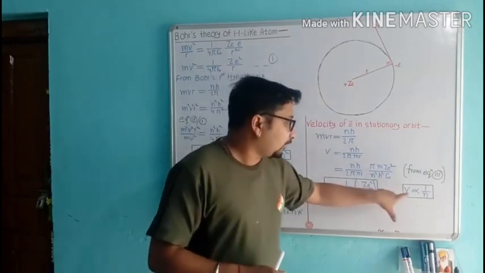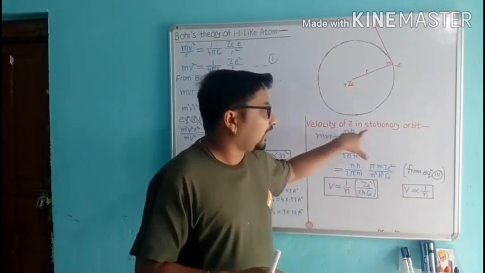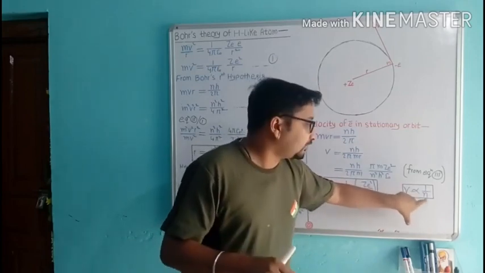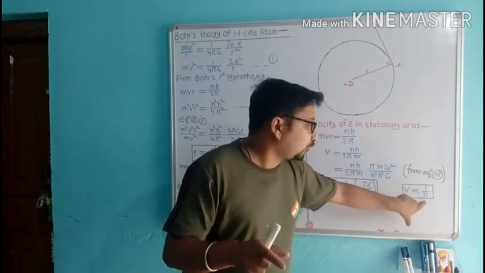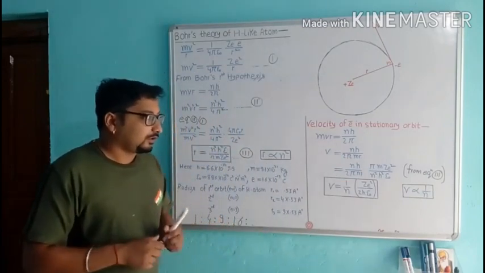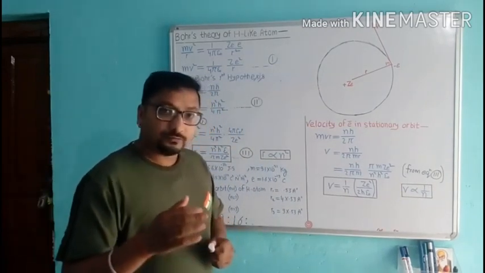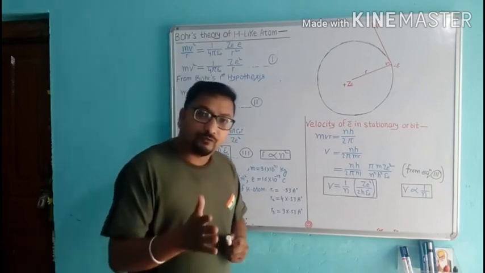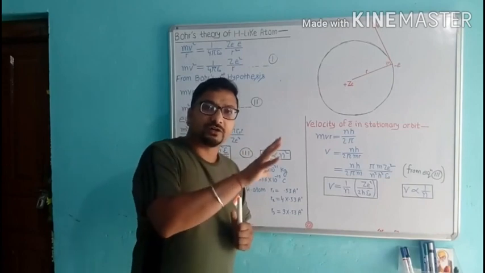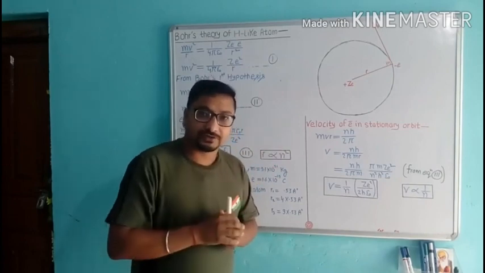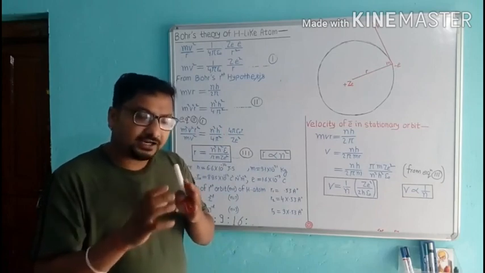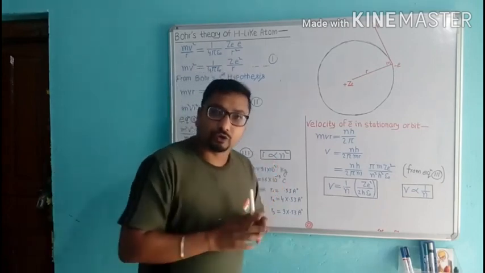That is the velocity of electron in stationary orbit. It is inversely proportional to the principal quantum number. That means the electron moves faster in inner orbits compared to outer orbits, and slower in outer orbits.